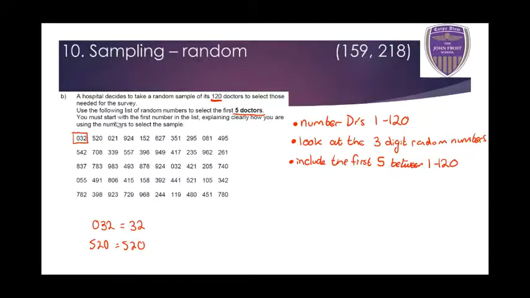So let's go through this and have a think about this in practice. 120 is a 3-digit number, and we've been given random numbers that are 3 digits. So the first one here is 032.